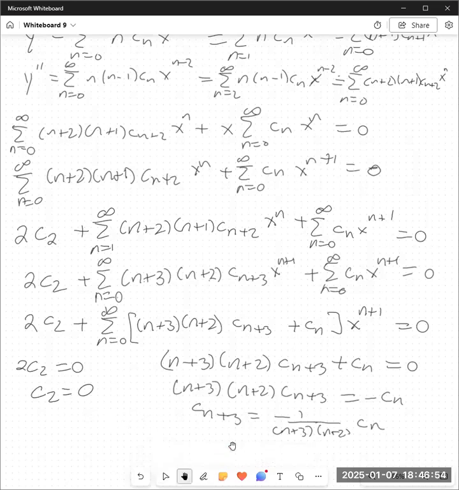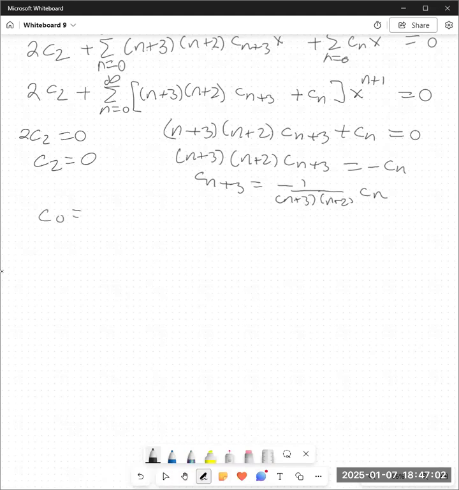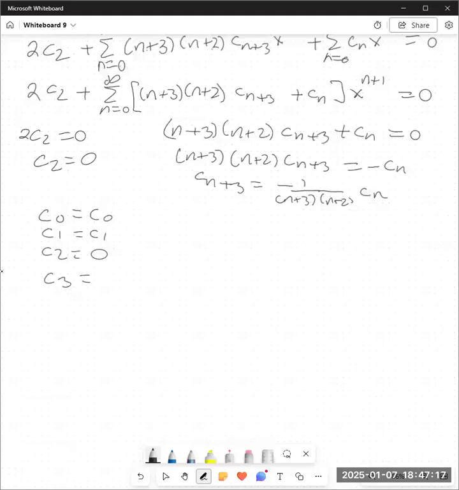All right. Let's go ahead now and find these coefficients that we need. c_0 equals c_0, c_1 equals c_1. c_2 has already been defined there as being 0. We can start using our equation for c_3, which is going to be, when n is 0, 3 times 2 is 6, so negative 1/6 c_0.